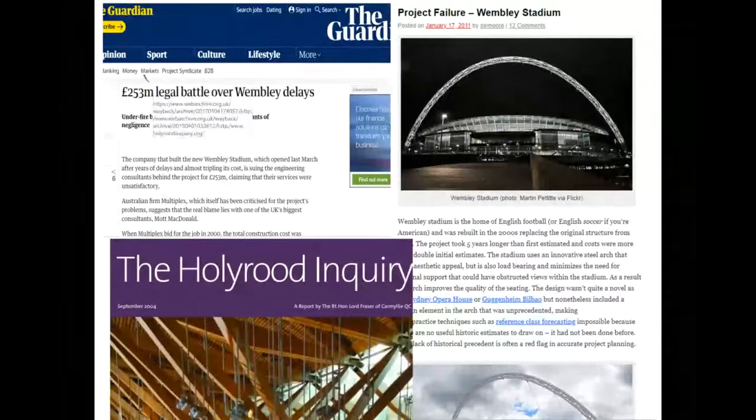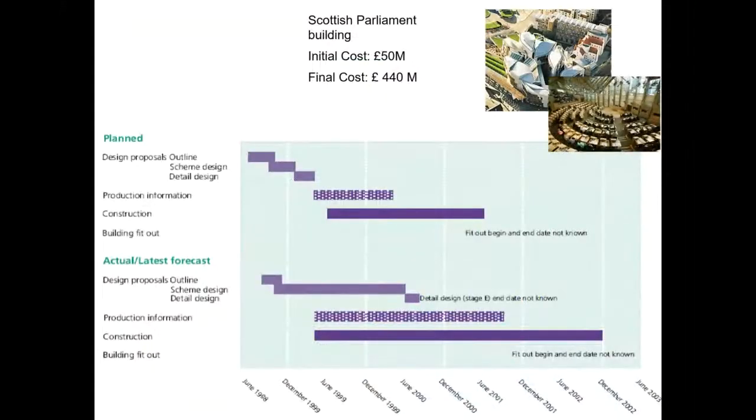For instance, in Wembley, there was a 253 million pound legal battle over the delays, and this Holyrood inquiry, which relates to Scottish Parliament construction. Now, talking about the Scottish Parliament, the initial cost of the project was 50 million pounds, and the final delivery cost was 440 million pounds, almost more than 8 times over budget.